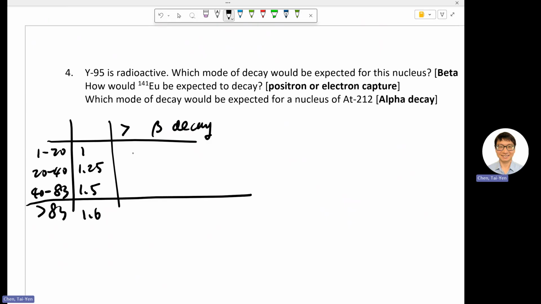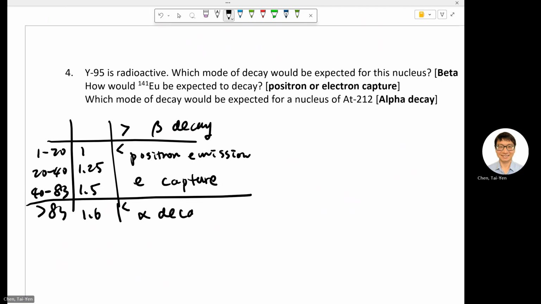If it's smaller, then you have positron emission or electron capture. And for the last group, if it's smaller than the threshold, you have alpha decay. These are the things you need to have in mind. Then you can do all the questions that we want to go through later.